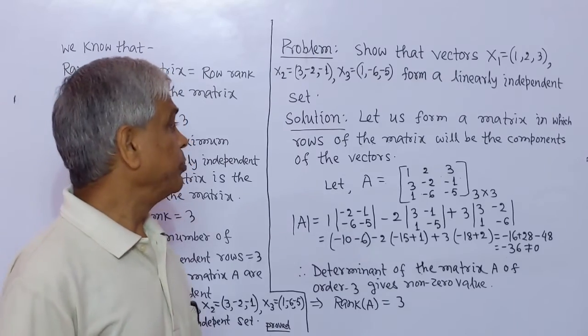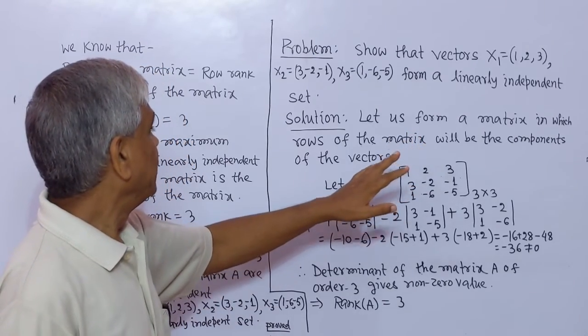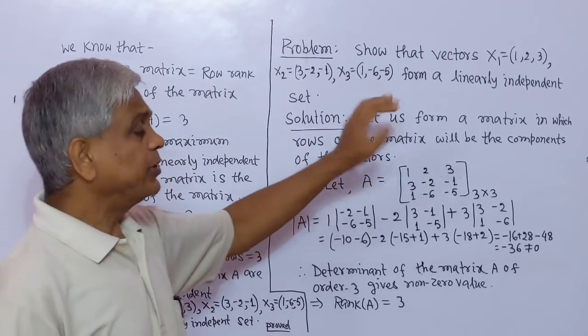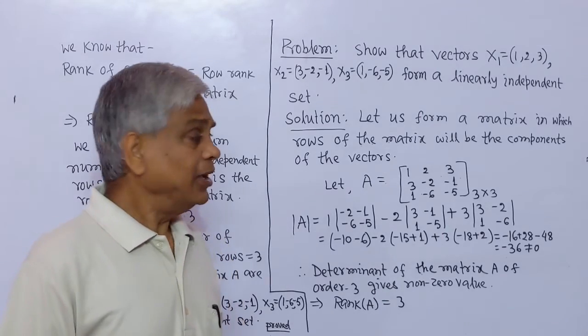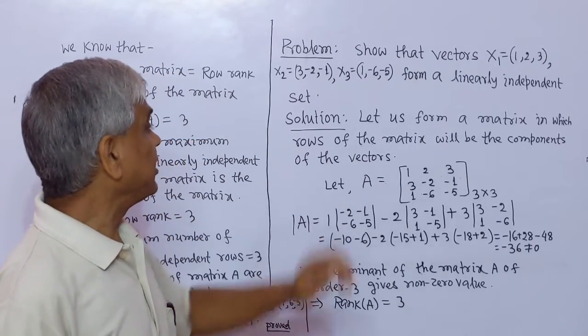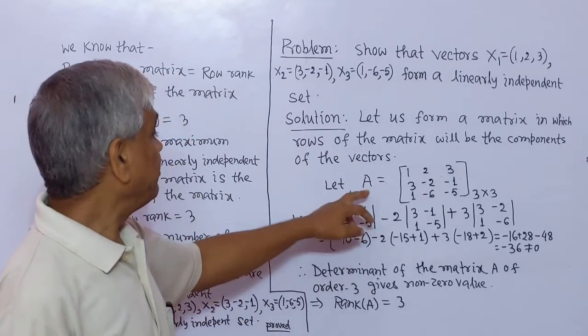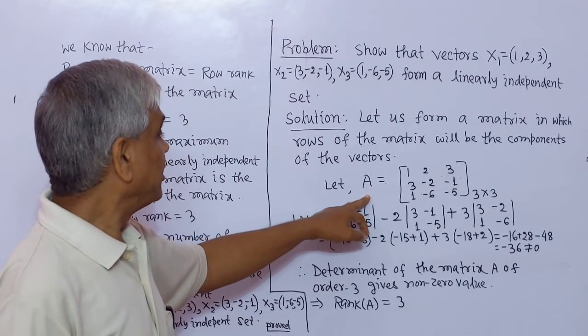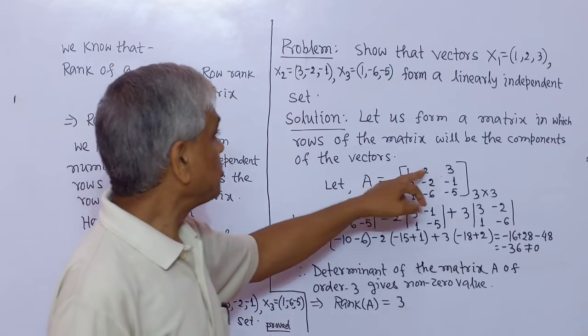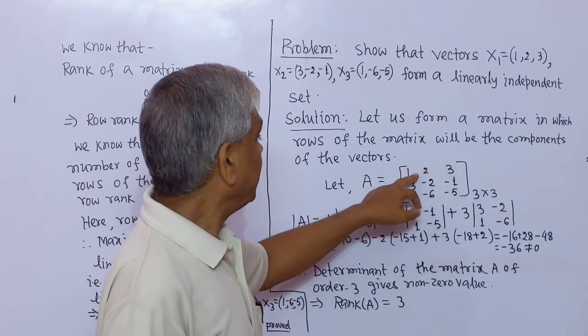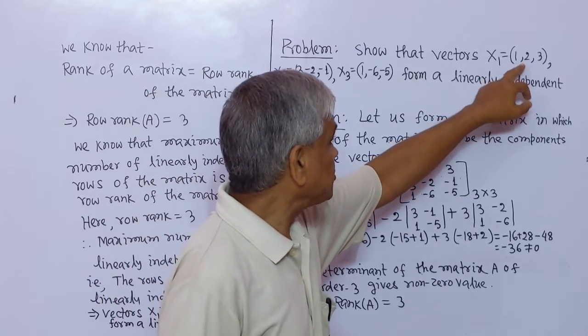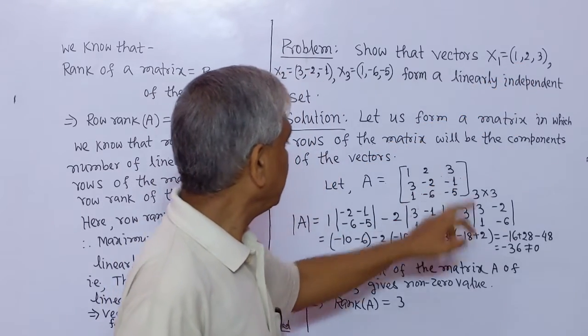Let us form a matrix in which the rows of the matrix will be the components of the vectors. Let A be that matrix in which the first row is the components of the first vector 1, 2, 3.